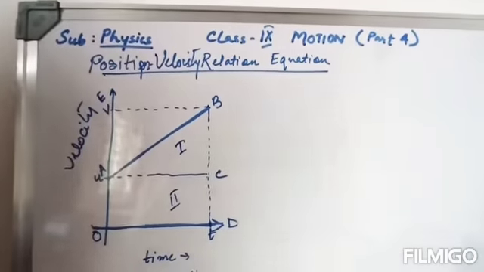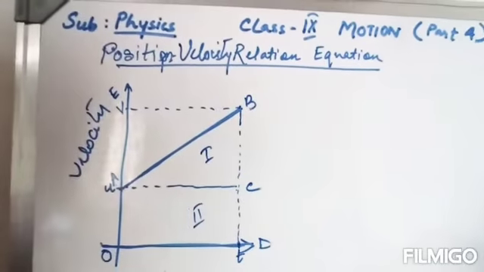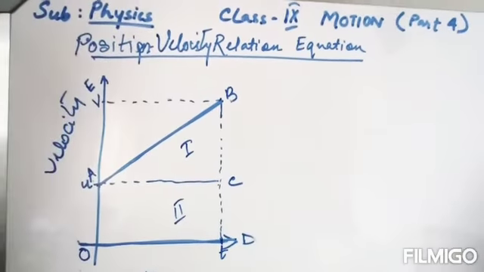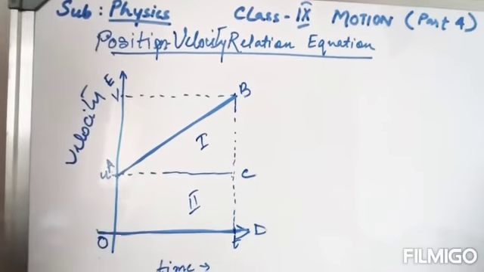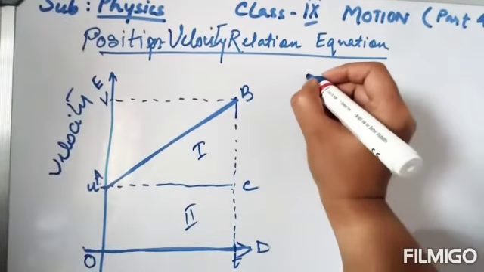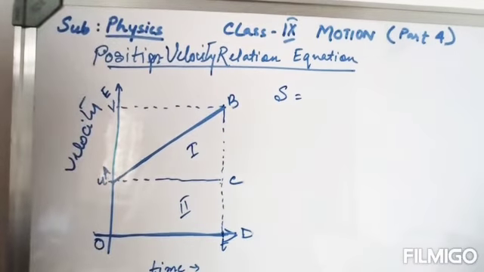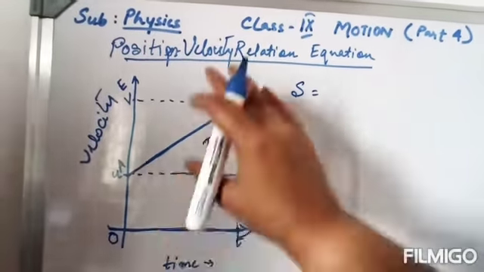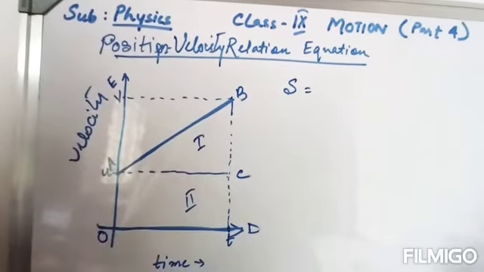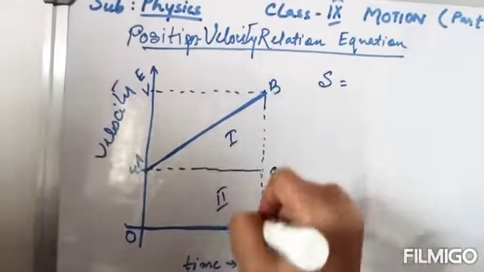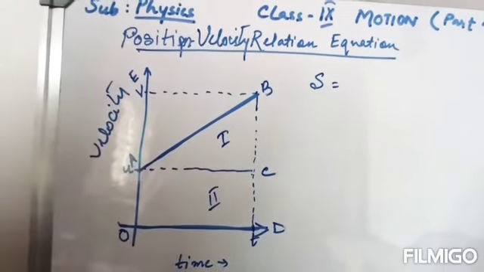Okay, now again this figure. As we are talking about position, we will be again using distance. Now instead of bifurcating into two figures, we will be considering the total figure and trying to find out the area covered.